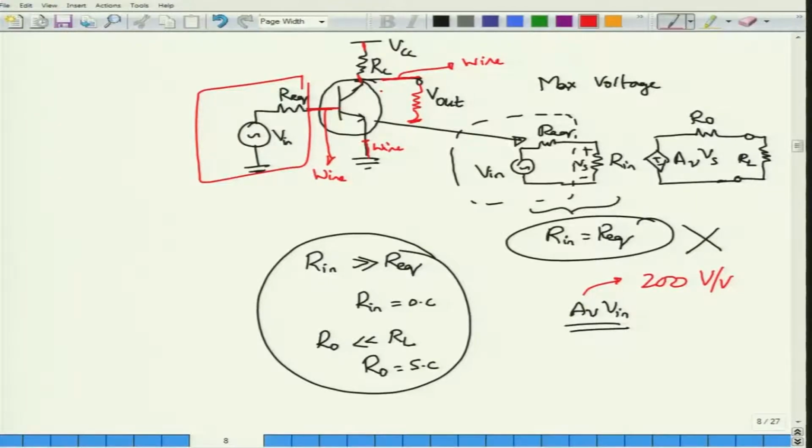There is an issue of power, but you are not really thinking of maximizing the power because your voltage gains are so high that you can afford to lose some power. Okay. If you do the full power calculations, you will see that under these ideal conditions you will not actually achieve maximum power, but that is alright because your goal is to maximize the voltage, your efficiency for the voltage, not really for the power.